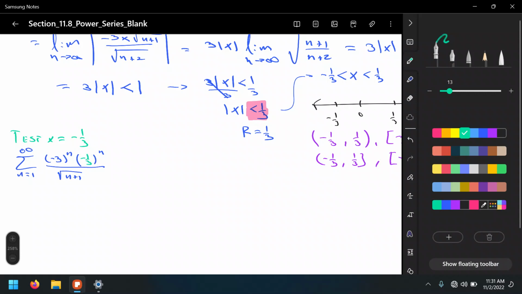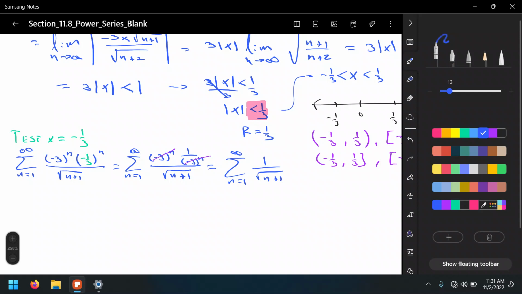What about this -1/3 to the n? That's the same as saying sigma n equals 1 to infinity, -3 to the n, 1 over -3 to the n, divided by the square root of n plus 1. Well, in this case, we can divide out the -3's to the n, and that's going to leave us with a whole new series to test. Sigma n equals 1 to infinity, 1 over the square root of n plus 1.